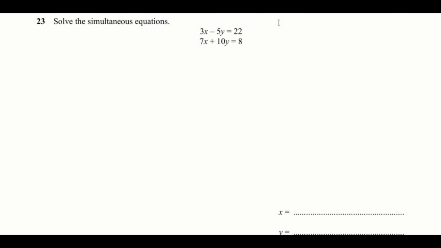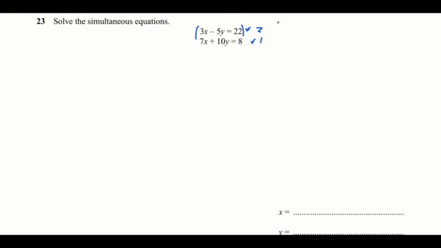So what I will do is make this equation here equal to 10 here. To make this one equal to 10, I'll need to multiply the whole equation by 2 so that I get a negative 10y, which I will subtract. So I'll multiply this equation by 2 and this one by 1, so it will stay the same.